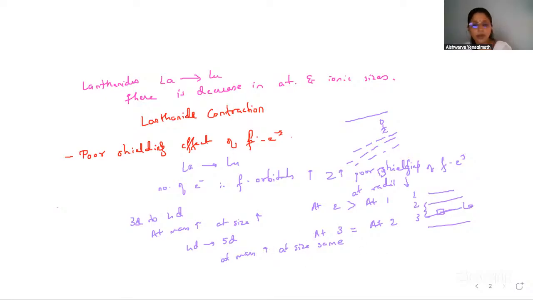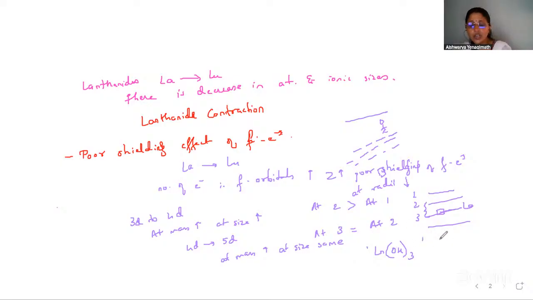Coming to the third point, the basic character of hydroxides. How do we represent hydroxides of lanthanides? Lanthanide is generally represented as Ln, and the hydroxide of a lanthanide is Ln(OH)3.